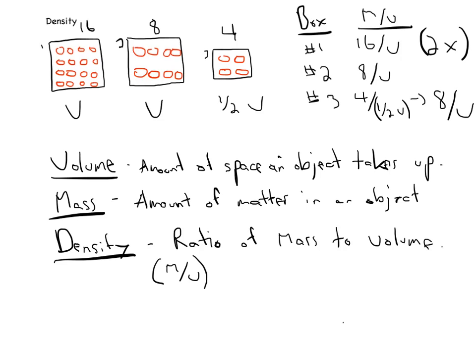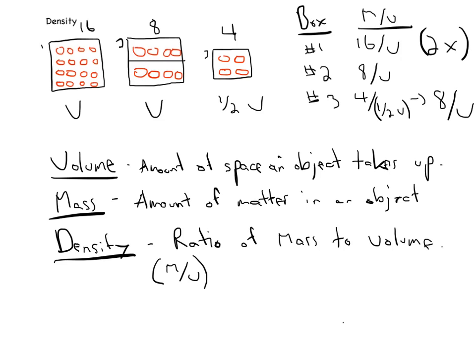Maybe you can imagine if we cut box number 2 in half, and we just looked at 1/2. If we just looked at this half of the box, its volume would be 1/2, and it would have 4 particles, which is exactly the same situation that we have here.